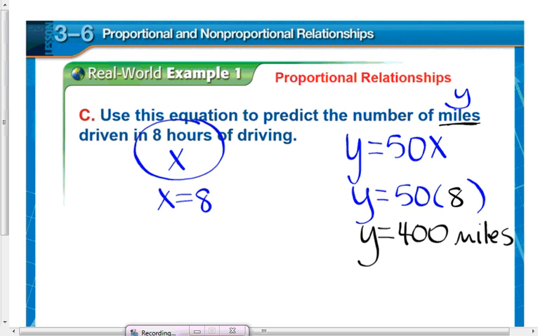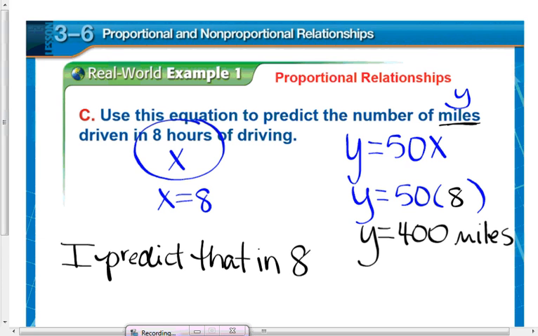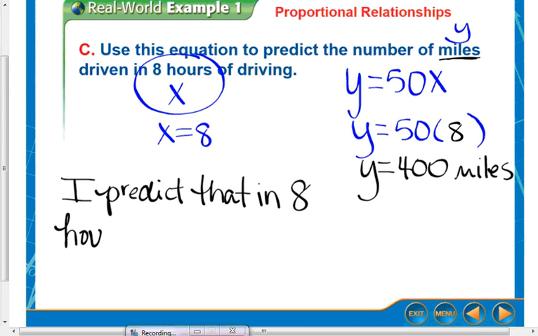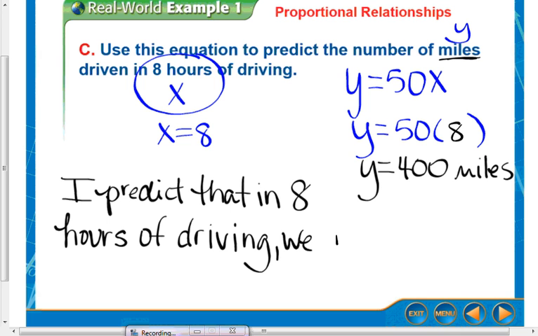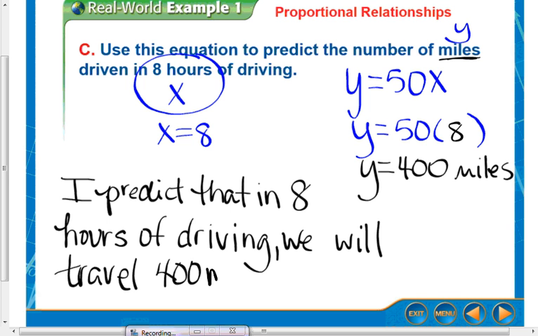Okay, use this equation to predict the number of miles driven in 8 hours of driving. I predict that in 8 hours of driving, we will travel 400 miles.